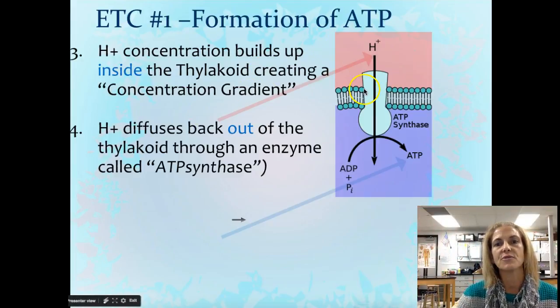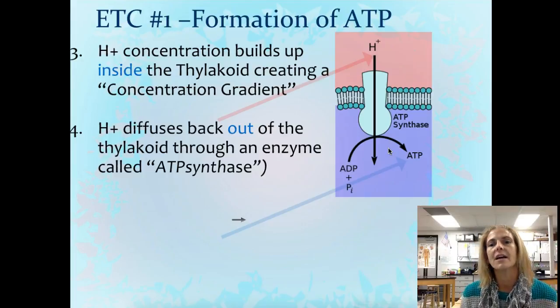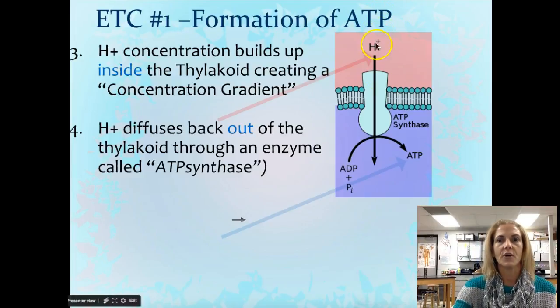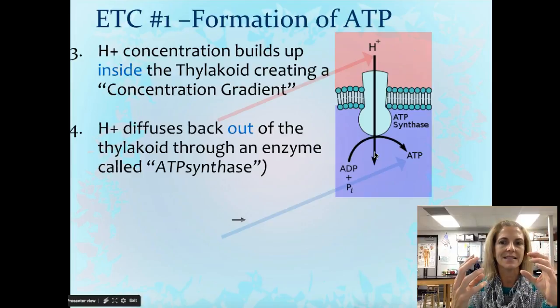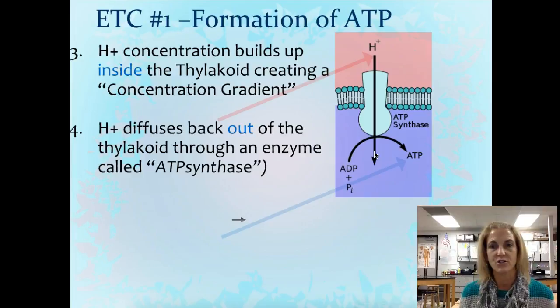They diffuse out through an enzyme called ATP synthase. Remember, enzymes are often named according to what they do or what they work on. ATP synthase is going to make ATP, right? As the hydrogen flows through the ATP synthase, a turbine-type enzyme, it binds the ADP and the P, and when it rotates, it binds the two together.